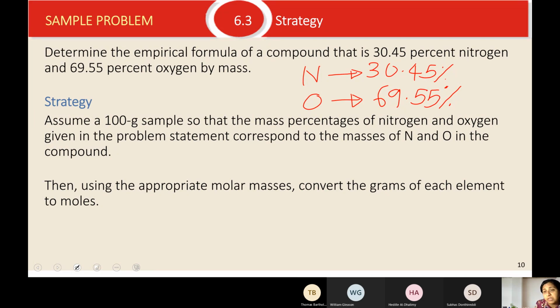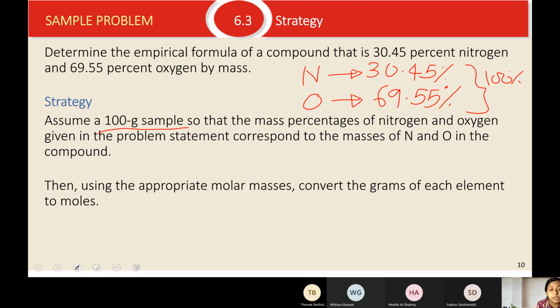When we are given the percentages, then we assume there is 100 grams of sample. Remember, when you add all these percentages, you always get the total as 100.